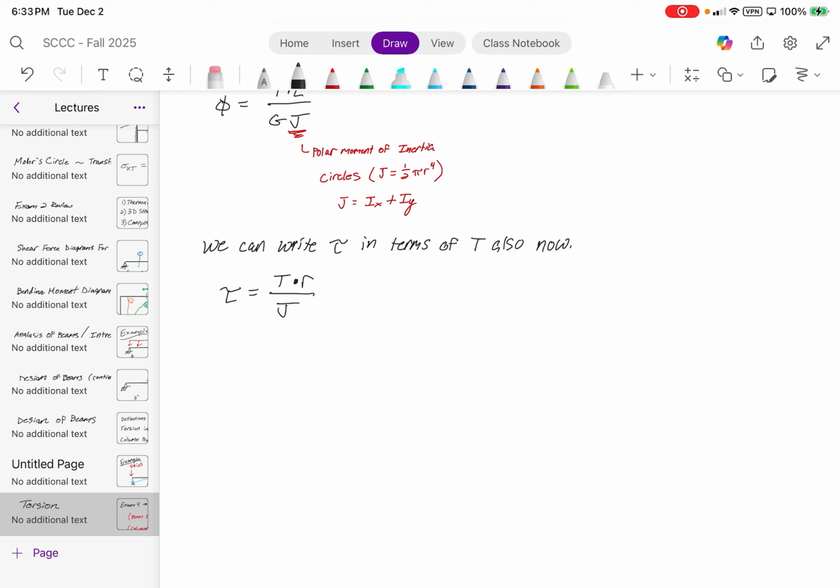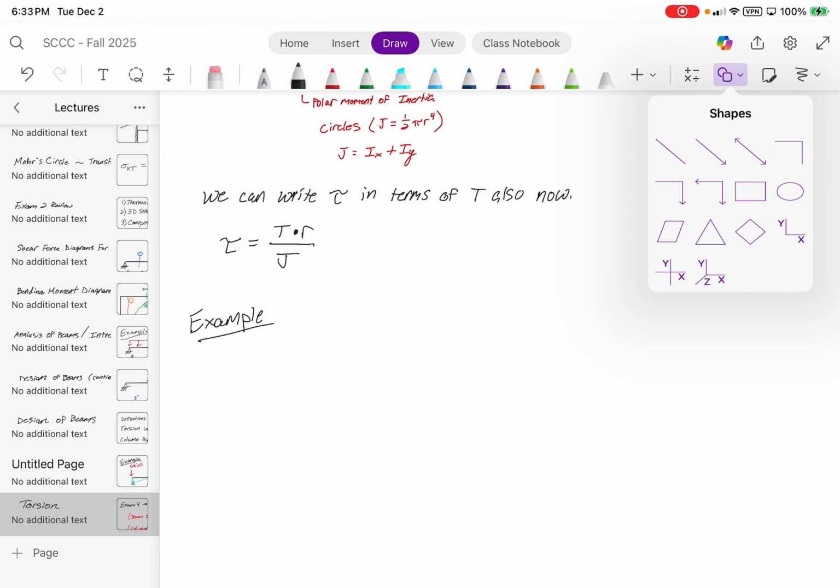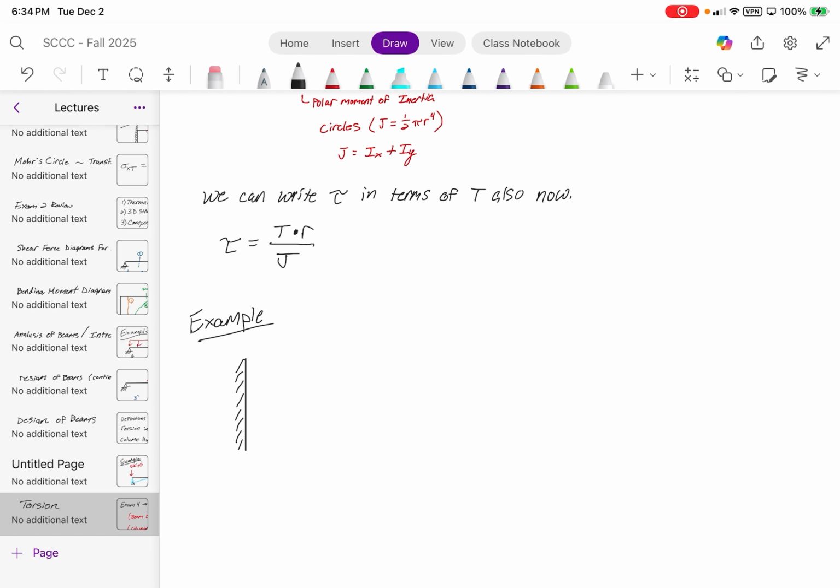If not, I'd just like to immediately jump straight into a really quick problem. Let's say we have, let me write an example. We have a rod here, and let's say that it's subjected to some force of 5 kips.